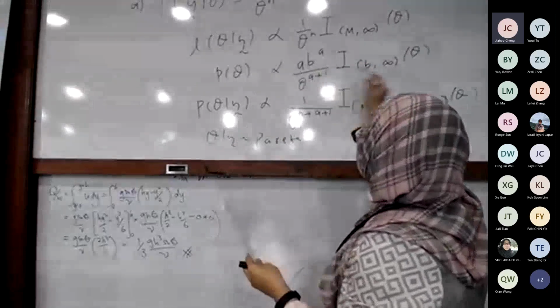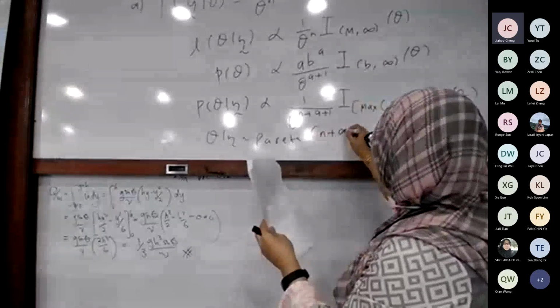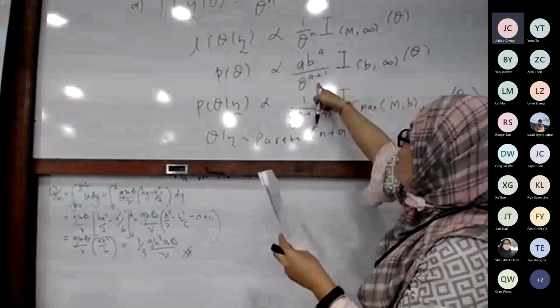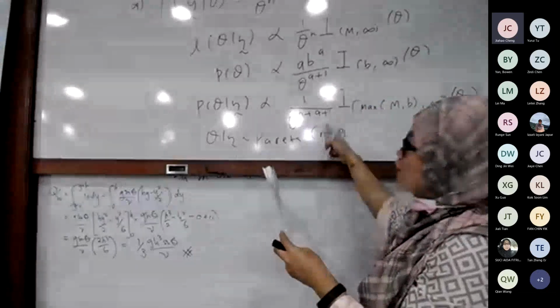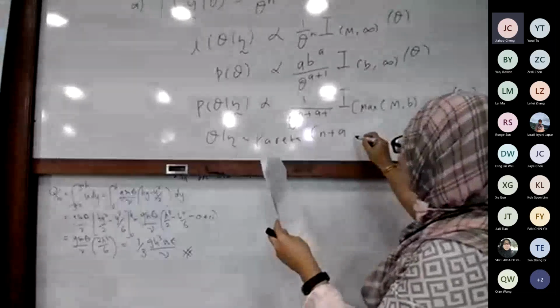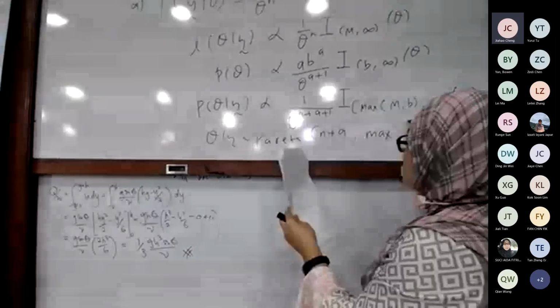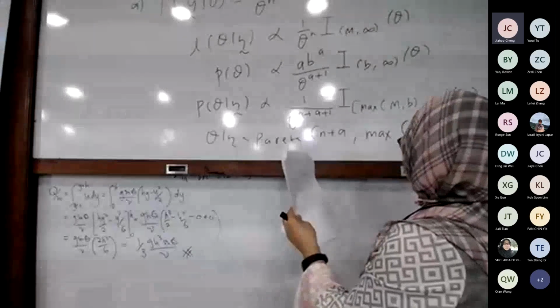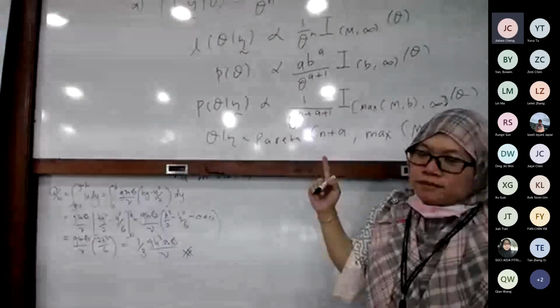So this is actually a Pareto N plus A, because this is theta A plus 1, so this is theta N plus A plus 1. So this is N plus A, and then this is a maximum of M. So it's a Pareto, but with quite a different parameter.